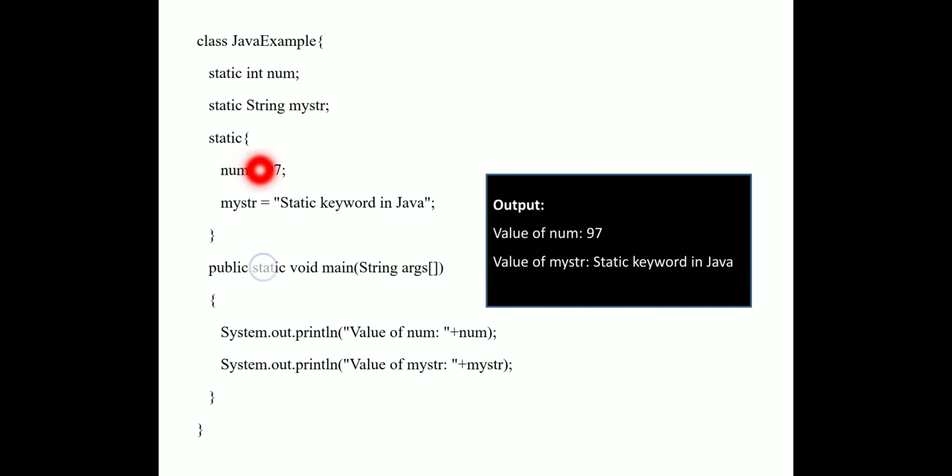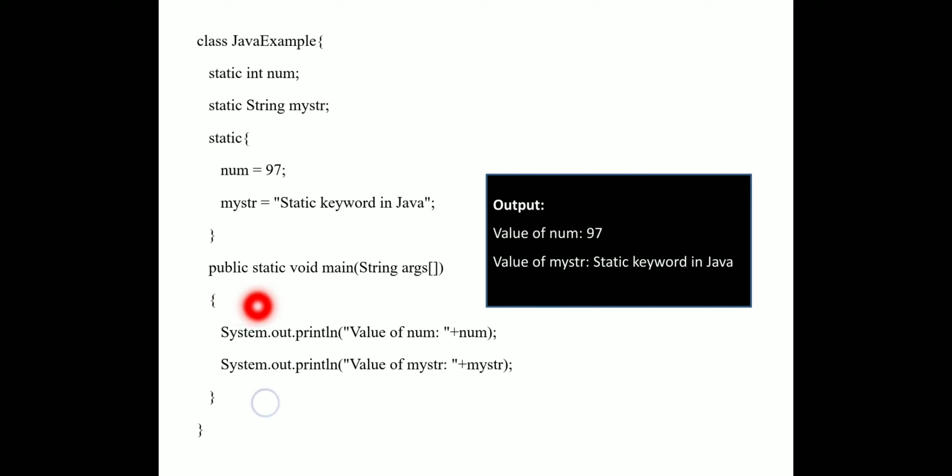Here is the static block. In this block, num equals 97 and myStr equals "static keyword in Java". In this block, we are printing the initialized num as 97 and myStr as static keyword in Java.